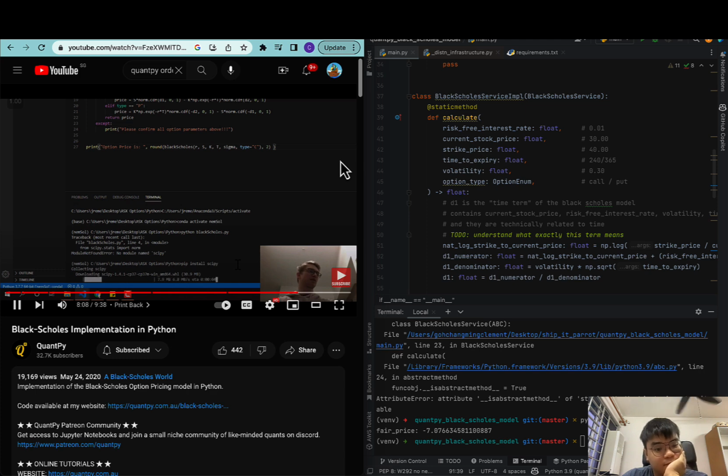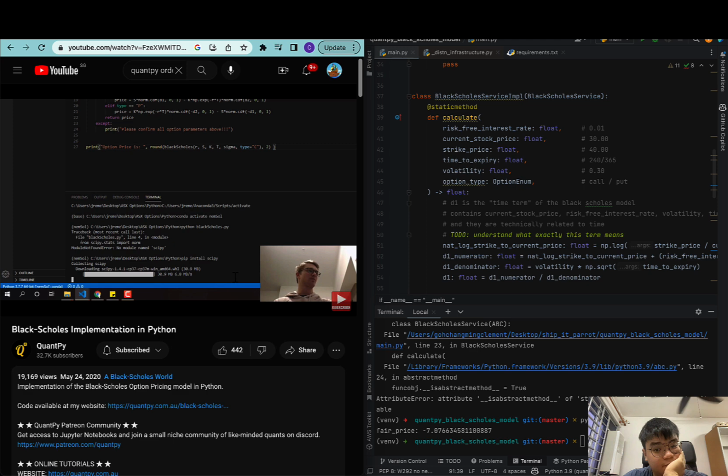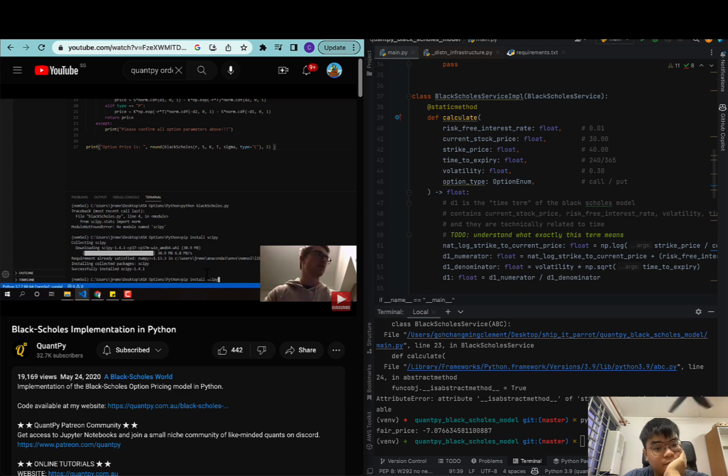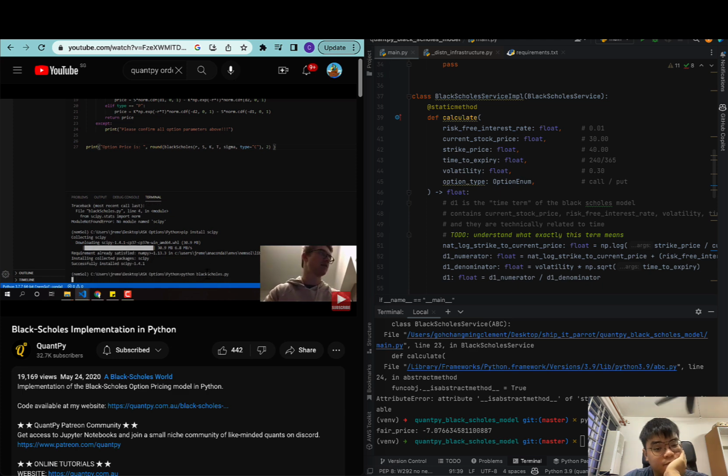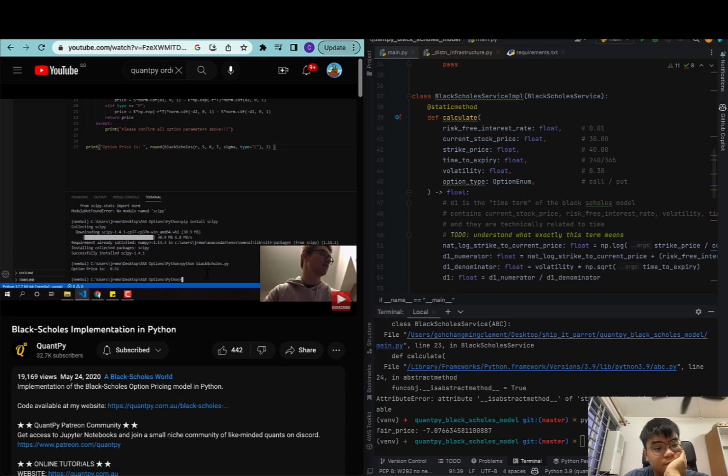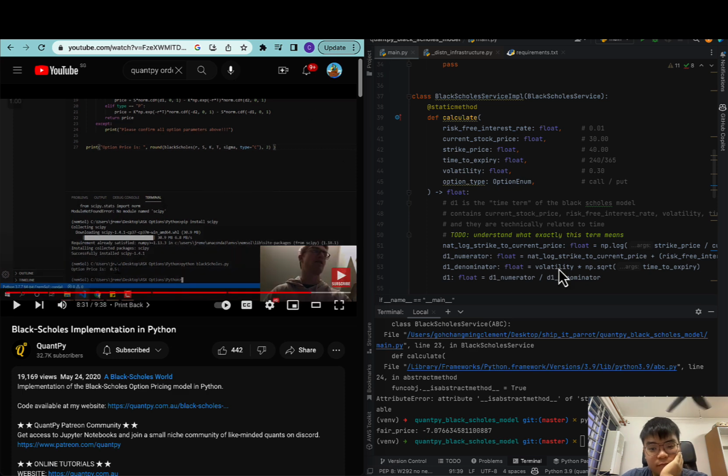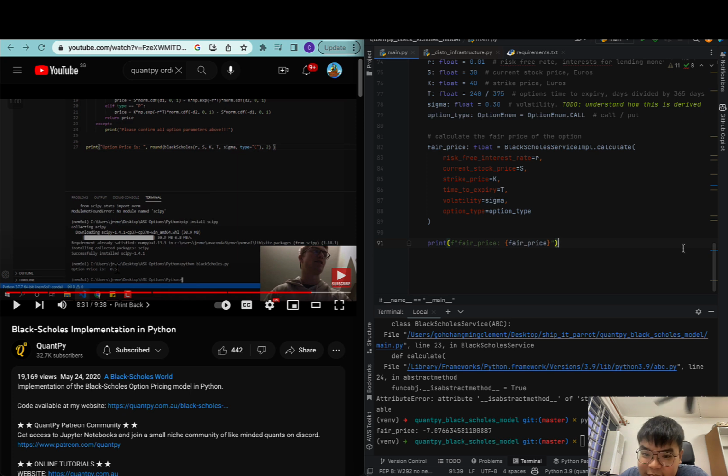Super easy. I just didn't have that in this environment. But NumPy must have been there. So we'll just wait for that to install, and then we'll be able to run that again. So just up key, enter. Excellent, option price. Ooh, okay, so this is expected to be 0.51.